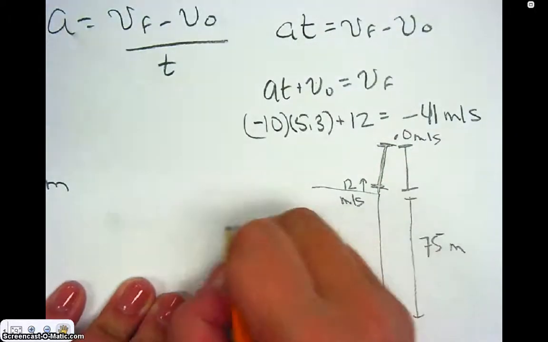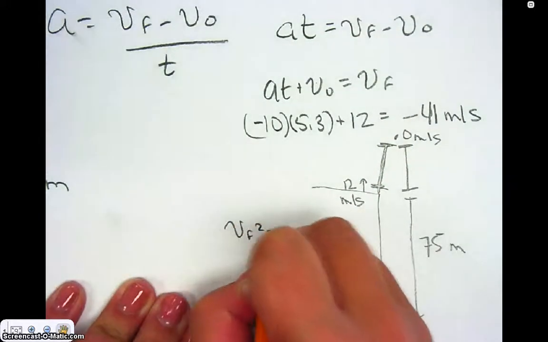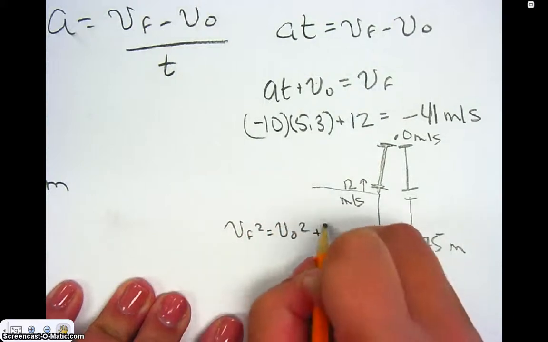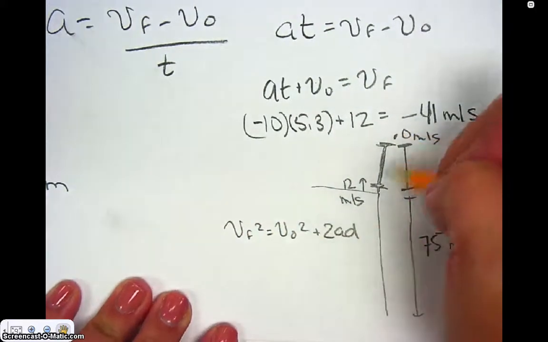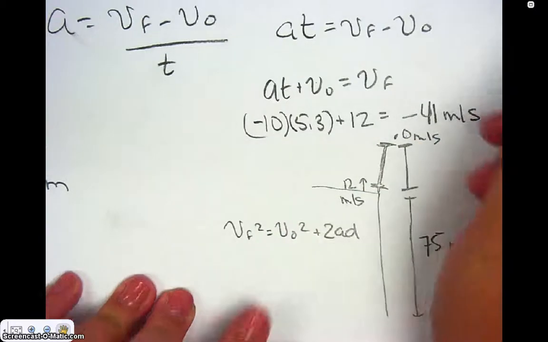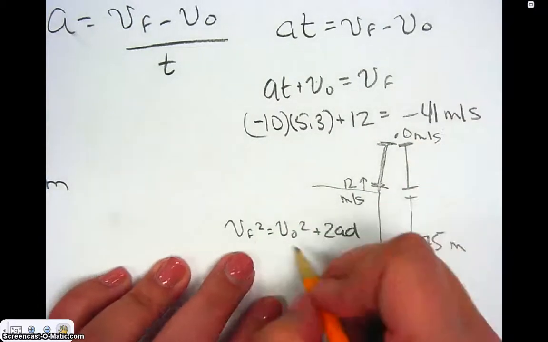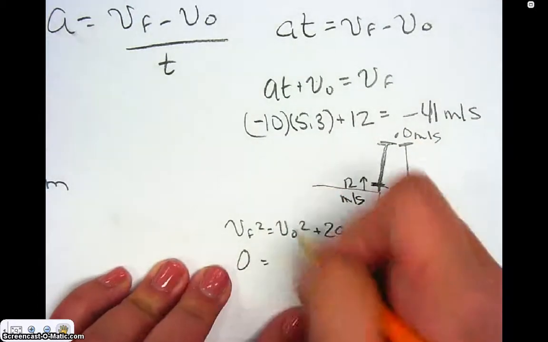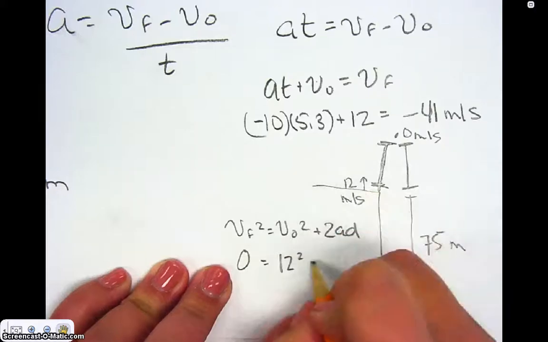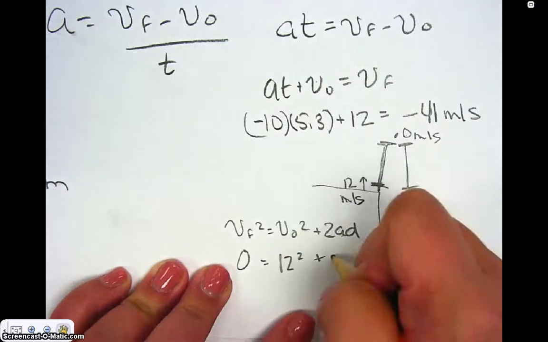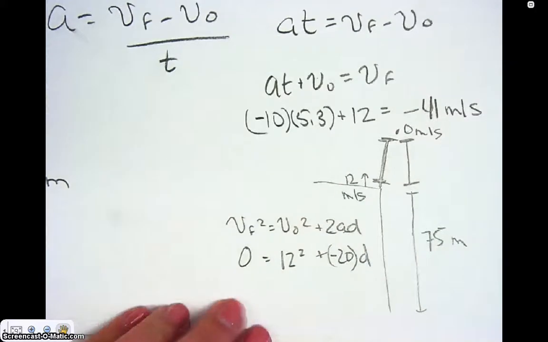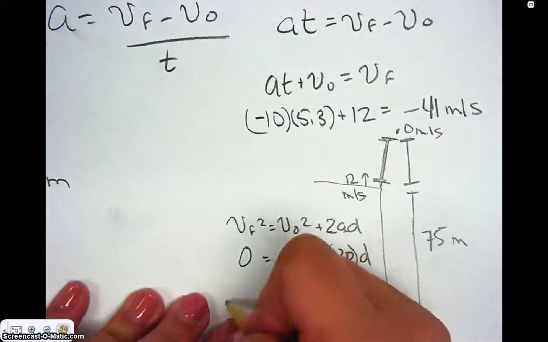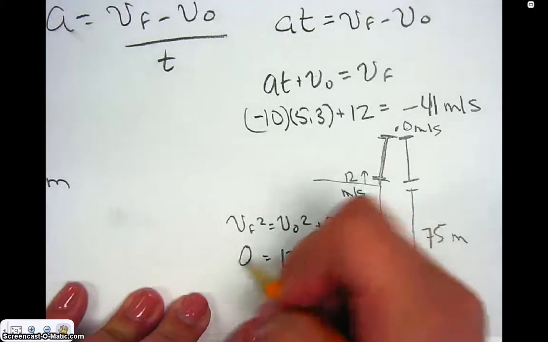So I'm going to use VF squared equals V initial squared plus 2AD. My V final would be 0, because this is where I started and this is where I'm going to end. My V initial is 12 squared plus 2 times gravity, which would be negative 20, times D. So I end up with 144, and we're going to subtract it.